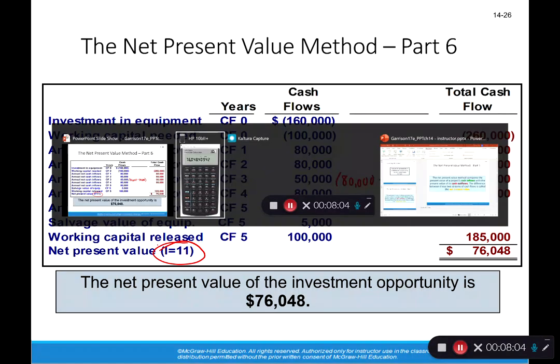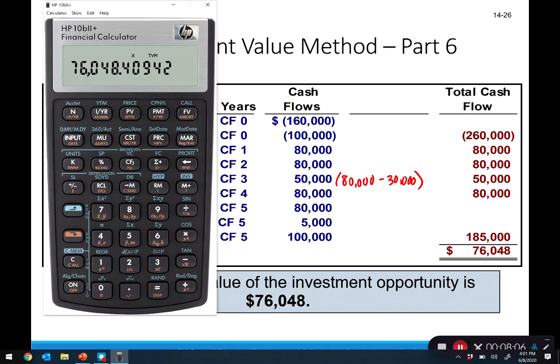In fact, let me whip up my HP10b. Though I'm going to teach you this later, let me show you how you get IRR with your calculator, the internal rate of return, which is the actual return earned by the investment. Because we know we have a positive NPV, I know I'm earning more than 11, but how much am I actually earning?